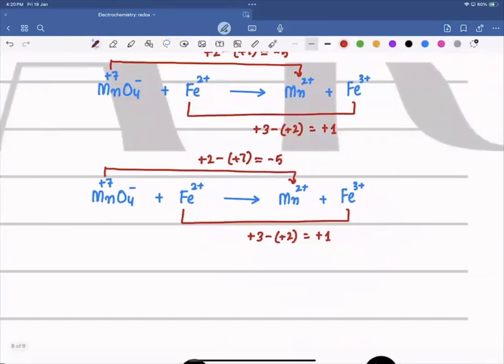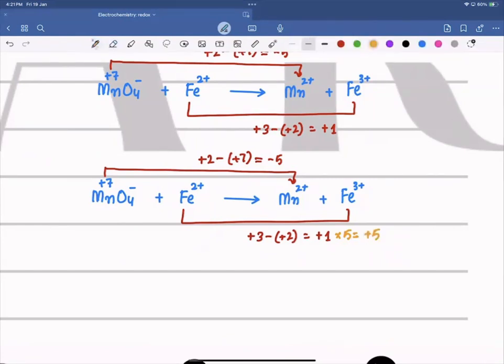Okay, so have a look. Here the change is -5, and here the change is +1. So I will multiply this with 5, so it would be +5. Now the change is balanced, -5 and +5.